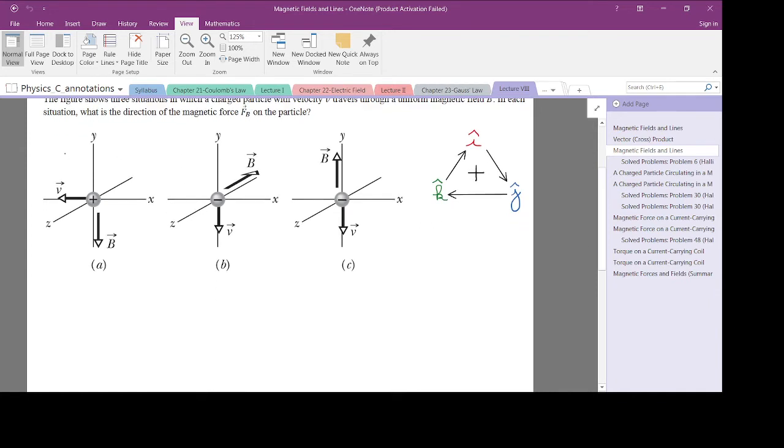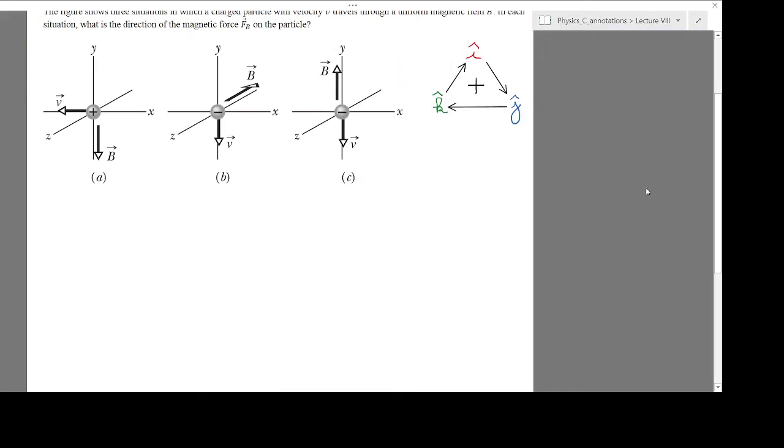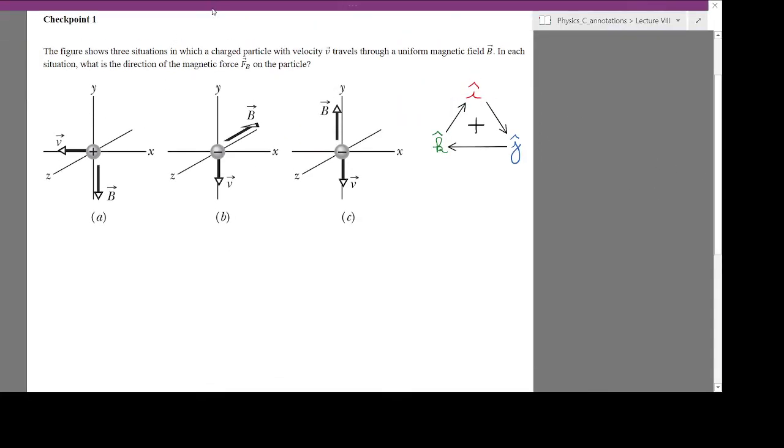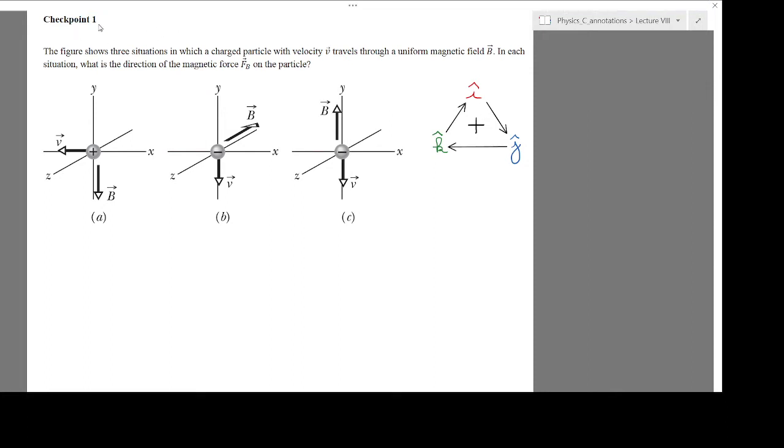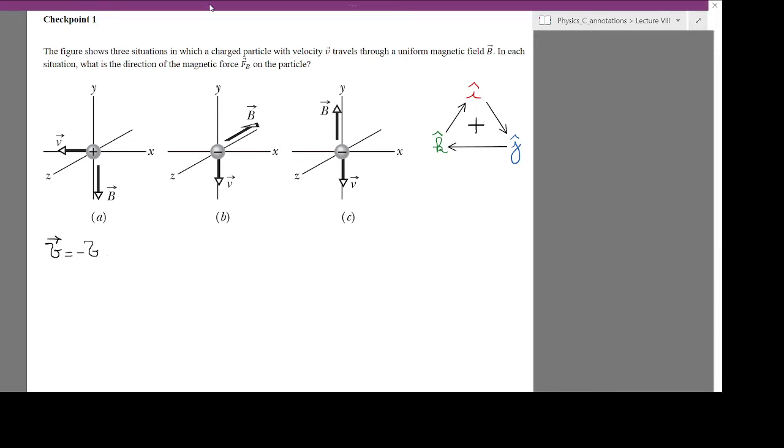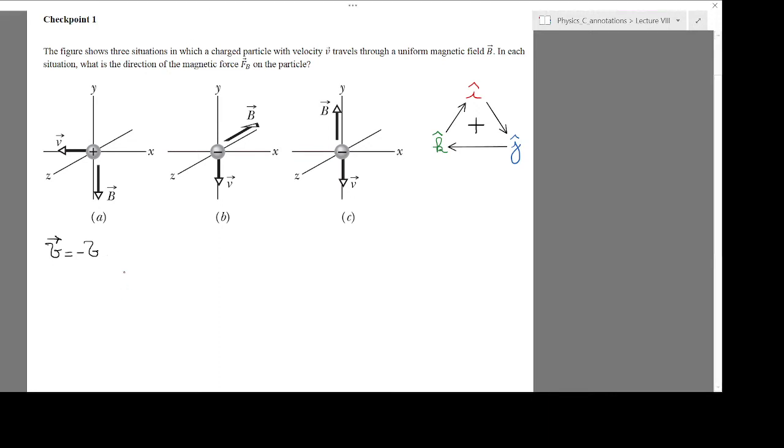For the first case, let's analyze the case illustrated in item A. For this case, I have that the velocity is going to be minus v, going in this direction, where v is the magnitude of the velocity, in the i direction. Let's make it colorful so it's easier to see the pattern.